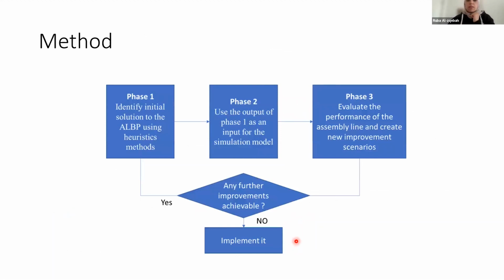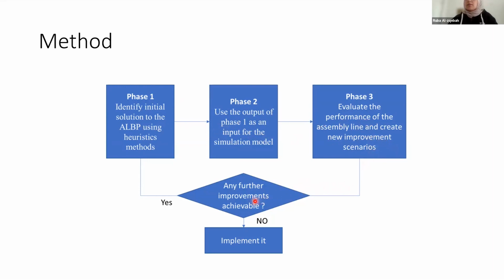Our method starts with the initial heuristic methods. We take a solution from the heuristic and use the output as an input for the simulation model. Then we evaluate the performance of the heuristic, and also create a new improvement scenario, not only the heuristic, and compare.